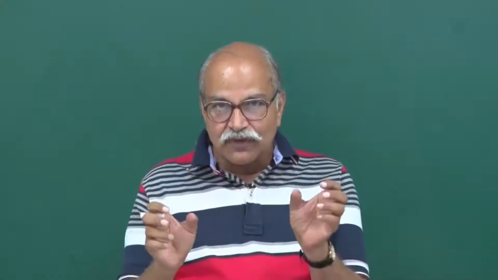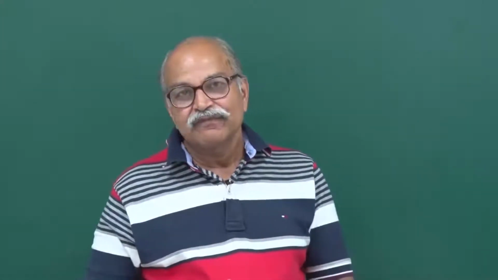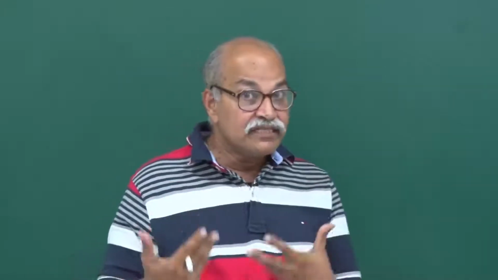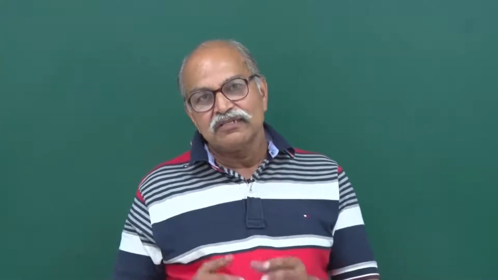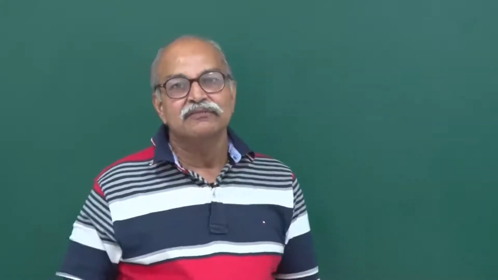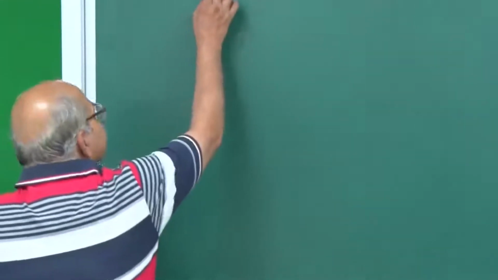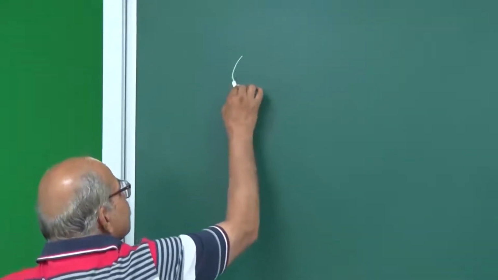P type is sandwiched between two n types, or n type is sandwiched between two p types, and this device becomes very, very useful for applications. I talked about some of the nomenclature, some of the geometrical parameters, some of the doping parameters. Essentially we have three parts, three units or three terminals.